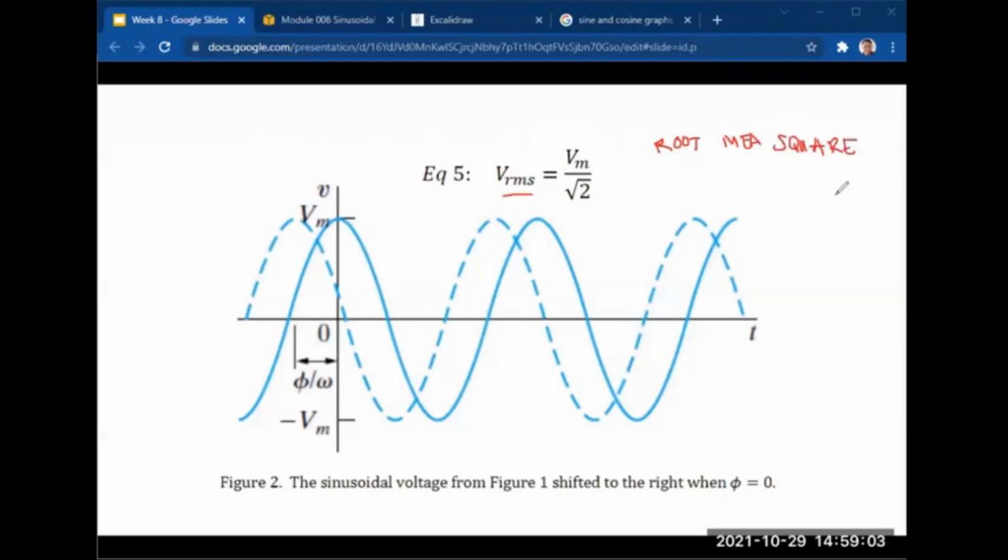In the case of AC electrical voltage, AC electrical current, or AC electrical power, root mean square means the effective value.